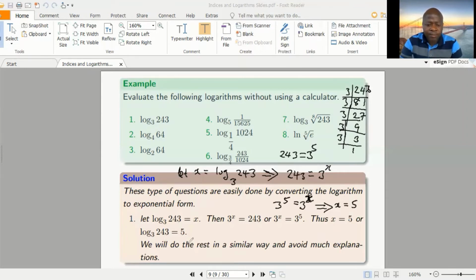And that's what I did. Therefore the log of 243 to base 3 is 5. I'll be showing you how to do this question later using a calculator. Of course, your calculator has base 10, and this base is not 10, so I'll show you later.